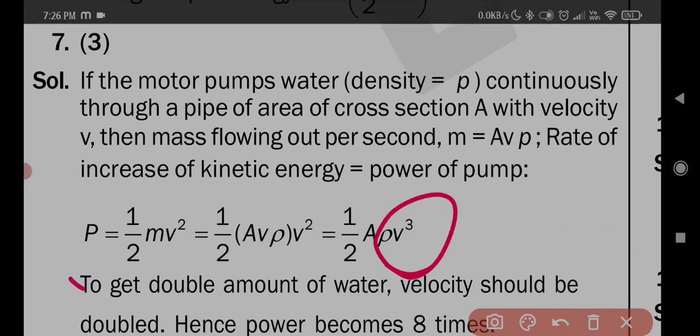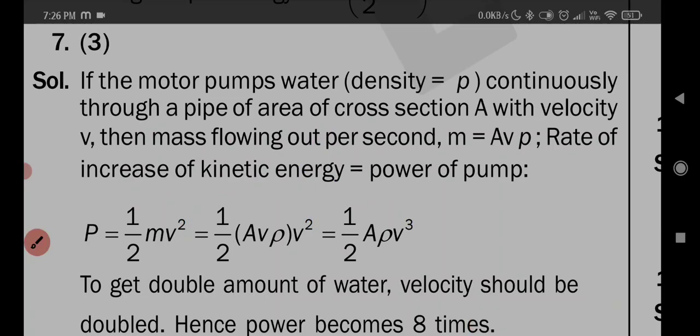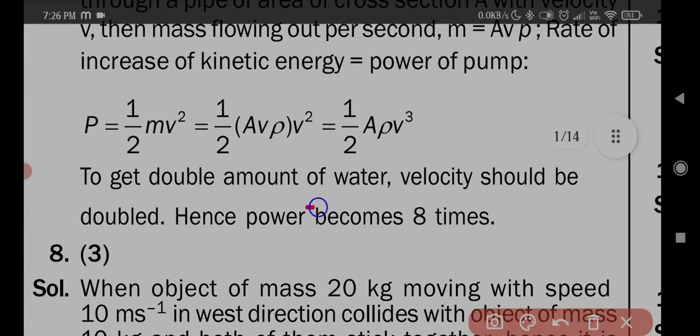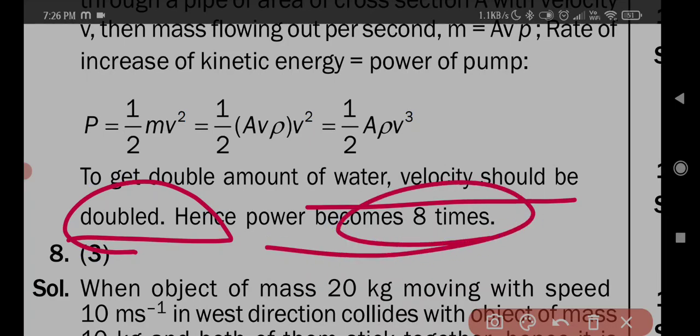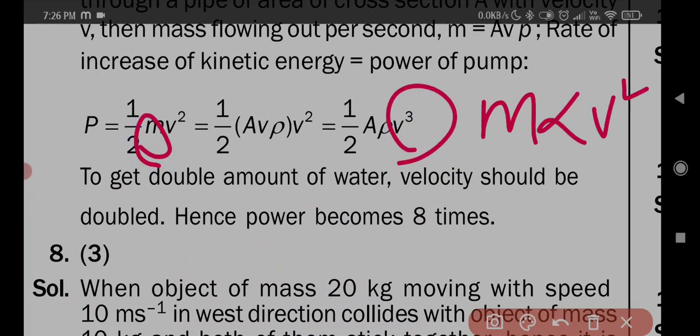To get double the amount of water, the velocity should be doubled, hence power becomes 8 times. So to get double water, m is directly proportional to v cube. I want double, so here it will also be double. So power will become 8 times.